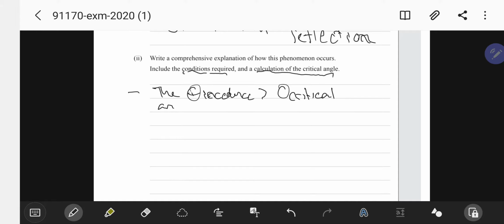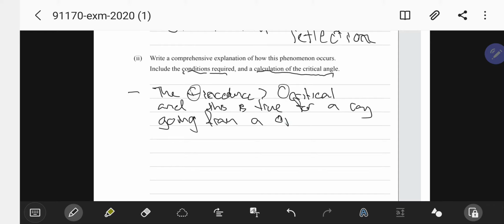And this is true for a ray going from an optically dense medium to a lower optically dense medium.